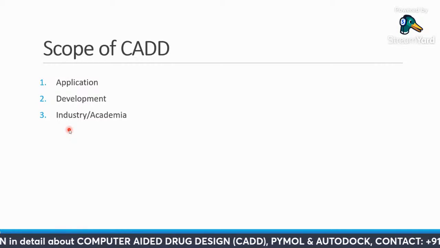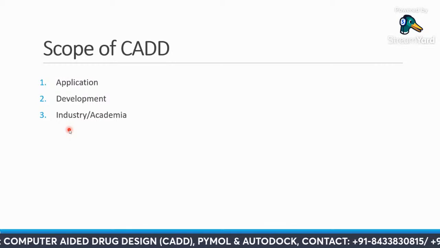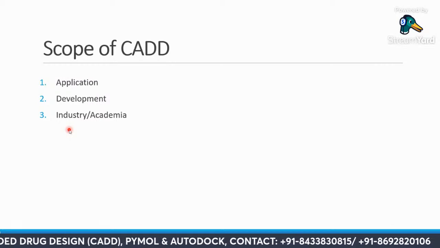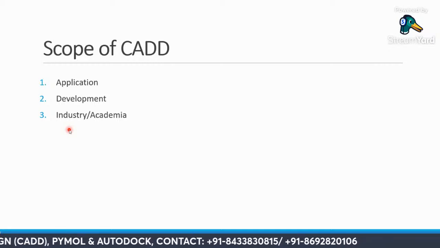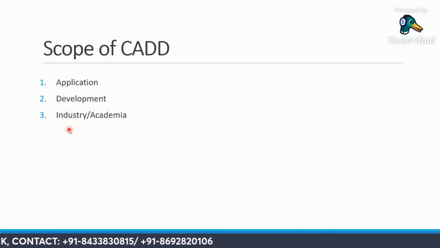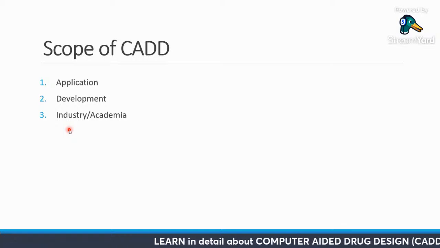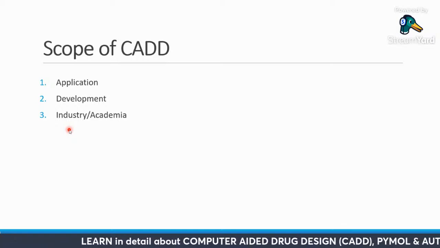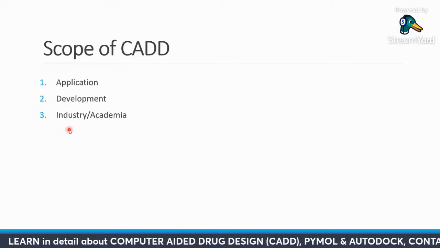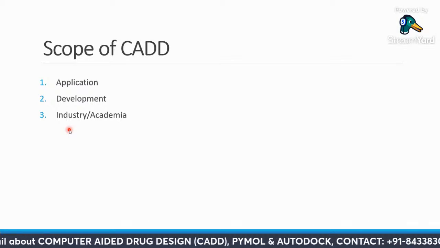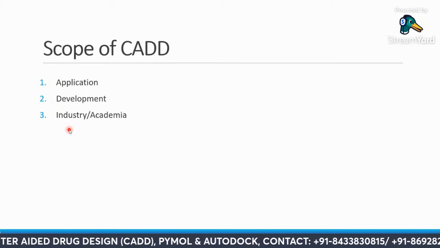Let me tell you that I can understand that many of you over here do not have much knowledge of CAD, because recently, there were a lot of opportunities advertised for computer aided drug design experts, basically scientists who can work in the field of CAD. And unfortunately, there was a real dearth.